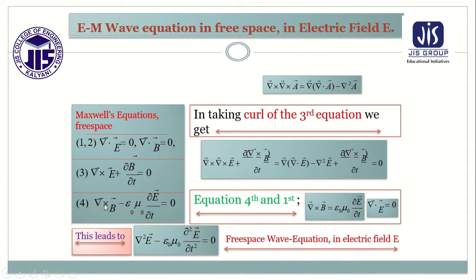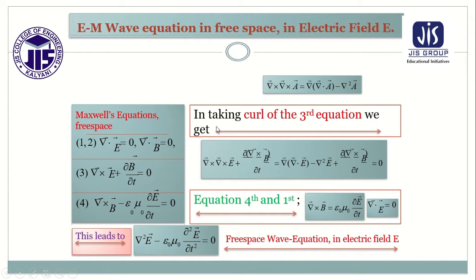And the fourth equation is nabla cross B minus mu naught epsilon naught del E by del t equal to 0. These are called Maxwell's equations in free space. If it was not free space, then it would be mu epsilon, not mu naught epsilon naught.